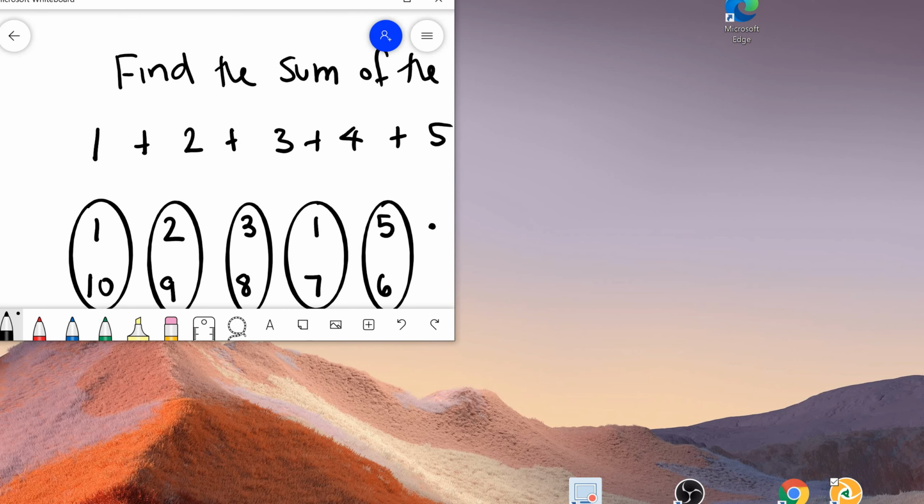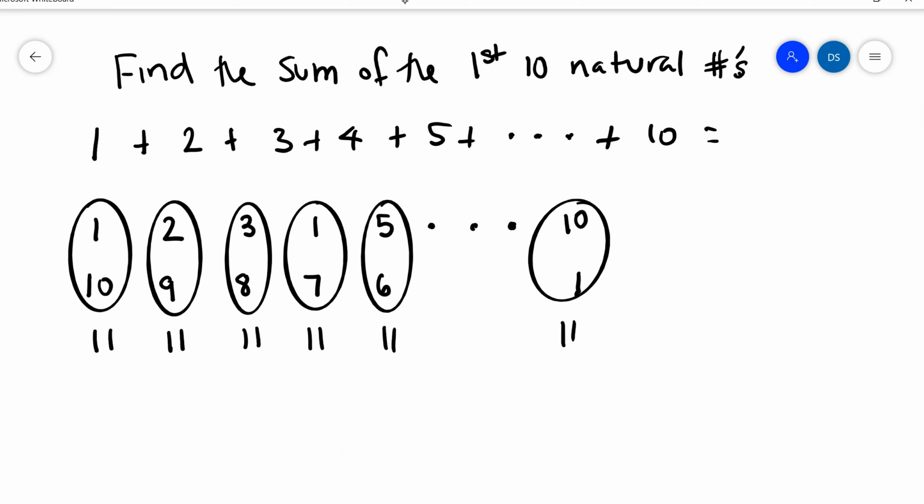So what I mean by that is 11 plus 11 plus, and we're going to do this, excuse me, okay, so I'm just going to put a dot here, and we're going to do this 10 times.